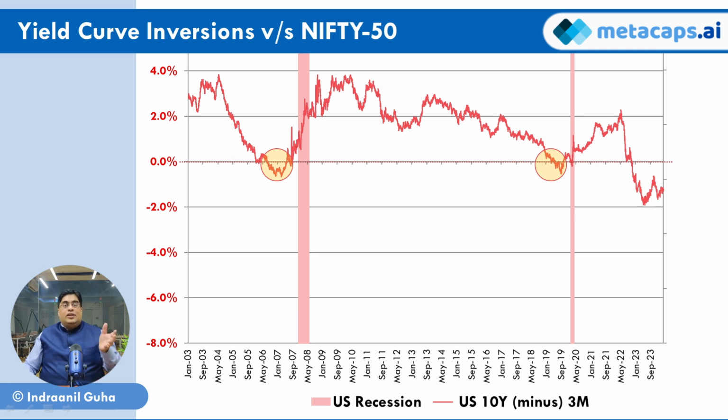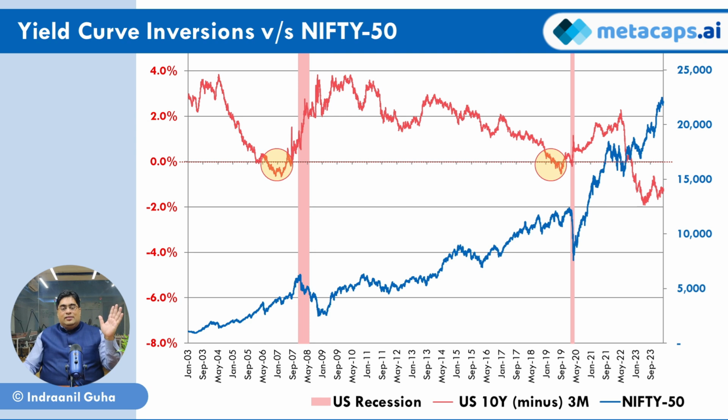What was the effect of that on our markets? Anyone who believes that a recession in the US is a problem only for the Americans, well, this is how the Nifty reacted. The blue line is the Nifty-50 index, and as you can see, after the yield curve inverted sometime around 2006 and it was followed by a recession in 2008, we got a 60% correction in the Nifty between January and October of 2008.